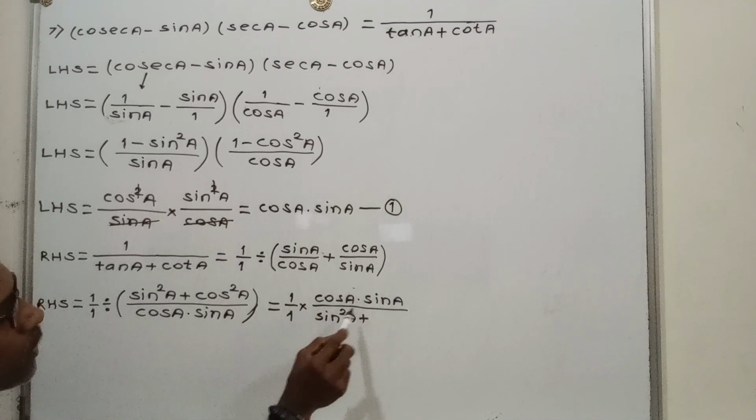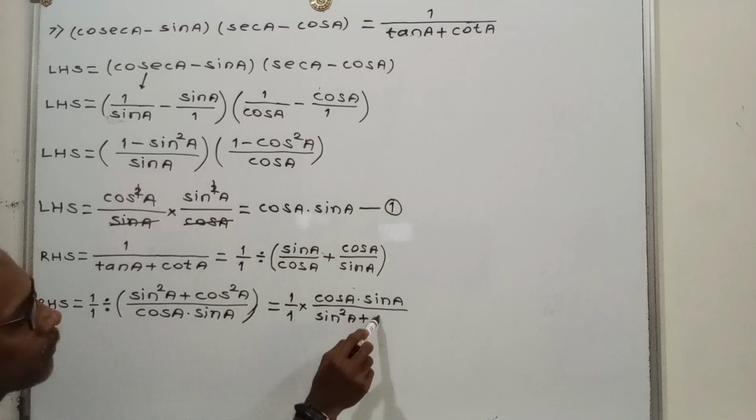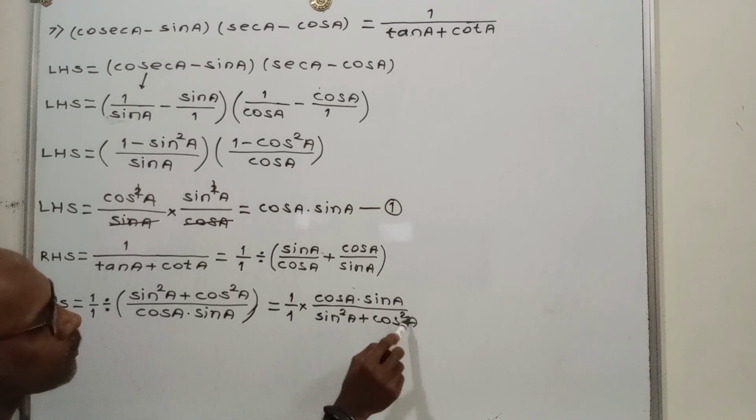So it means cos A into sin A upon sin square A plus cos square A.